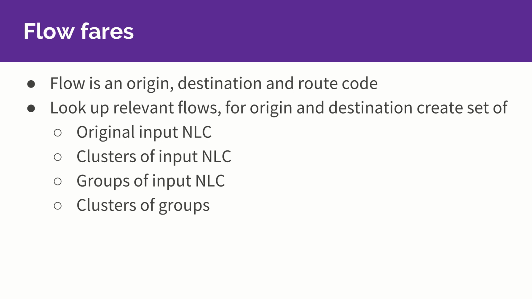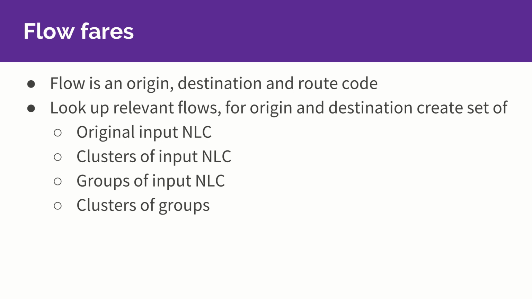At this point, you might be wondering, what is a cluster and what is a group? Both of them are just groups of stations. They are like abstractions, and the clusters abstraction is purely used for these flow fares, and they effectively set a price point. And it's to cut down the size of the data.